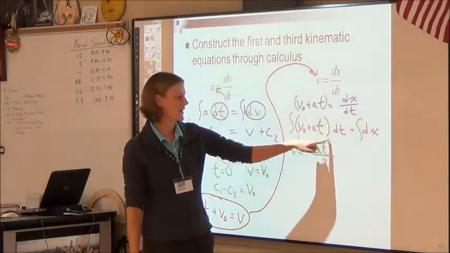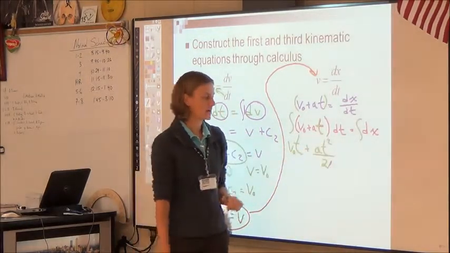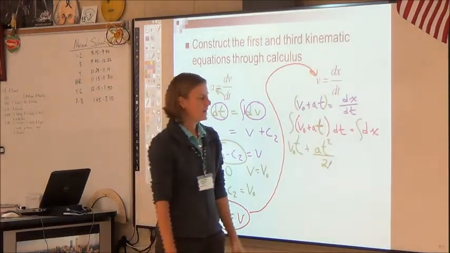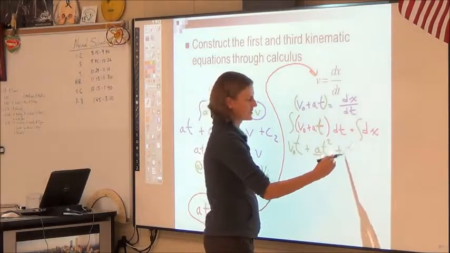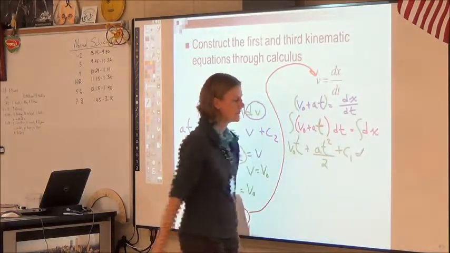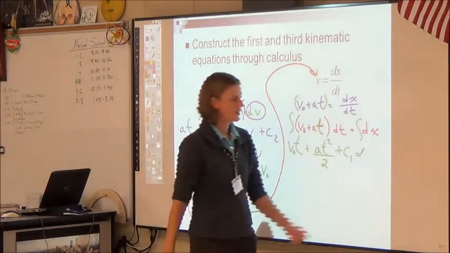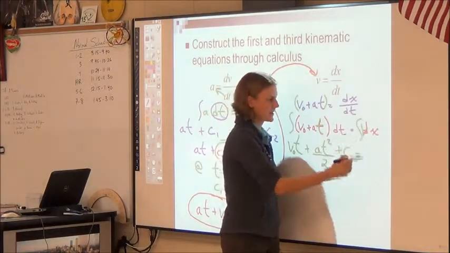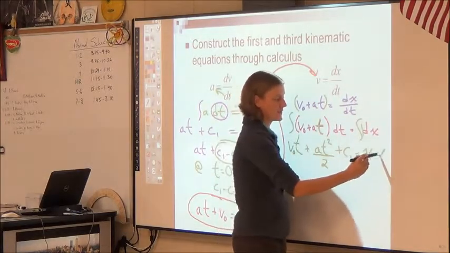With derivatives, we dropped the exponent down and subtracted 1. Here we're going to add 1 and divide by it. And technically there's also a plus what? Good, plus another constant. On the other side, the integration of number 1 with respect to x is just x. And then again, plus another constant.